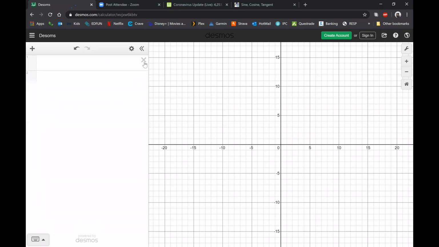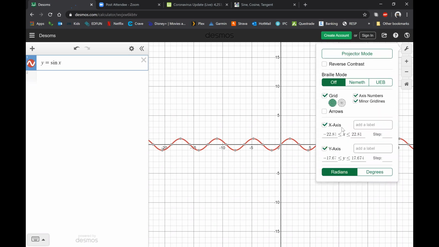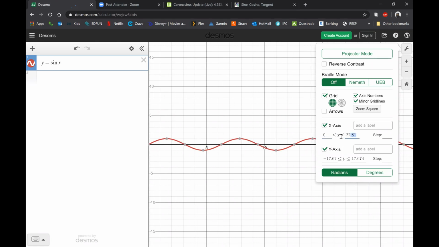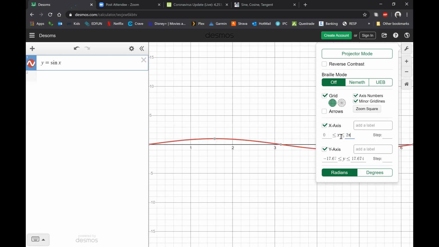Okay, so let's take a look at our equations. Let's go y equals sine of x. Okay, so my scale is kind of weird here, so I might want to change that for you.